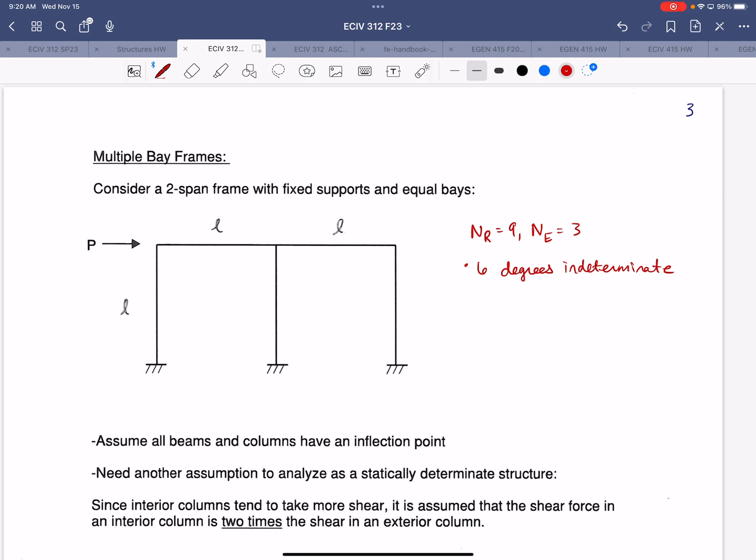But we have a problem now, right? We have 6 degrees of indeterminacy, so we need 6 assumptions to render this frame determinate. But we only have 5 members, and we're not going to have more than 1 inflection point in a member, right? So we can only assume 1 inflection point per member. We have 5. We need 1 more assumption.